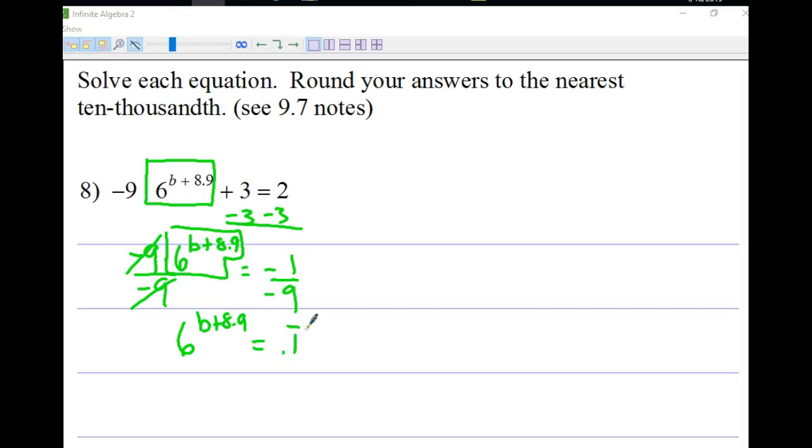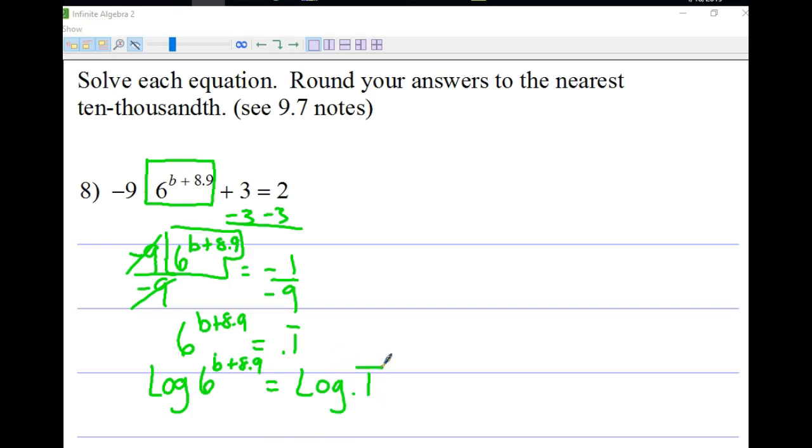0.1111111. Okay. The next thing that we're going to do is we're going to log both sides. That's the real trick there. So we're going to log base 10 now. Log both sides. Why would we want to do that?